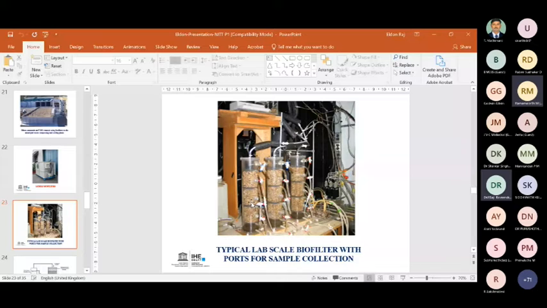microbial community analysis. In any waste gas treatment systems, in my opinion, I would not go for a pure culture of microorganisms, because it's rather difficult to have pure cultures for a long period of time, although you can have it dominant in the system. But as long as the performance is high, and as long as the system is able to treat the waste gas, then we don't have to go for a pure culture.